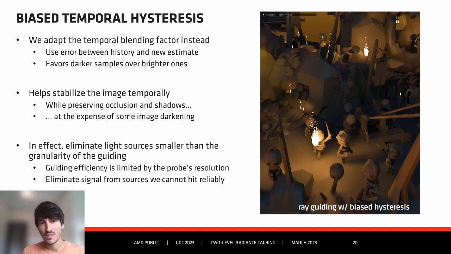And what this really does, in effect, is it eliminates the light sources that are smaller than the granularity of our guiding, because the guiding efficiency is limited by the probe's resolution. We sometimes may know that something is bright in a given set of directions, but we don't know precisely enough that we can reliably hit it. So we just get rid of that signal, which is better than temporal instability.